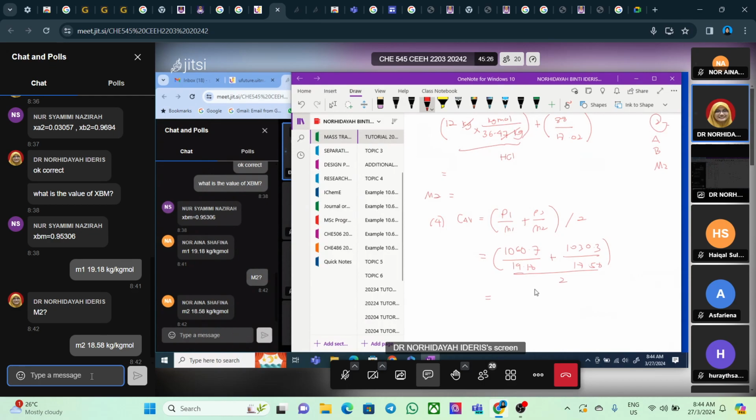Nilai CAV and A ni kira balik, masukkan balik.